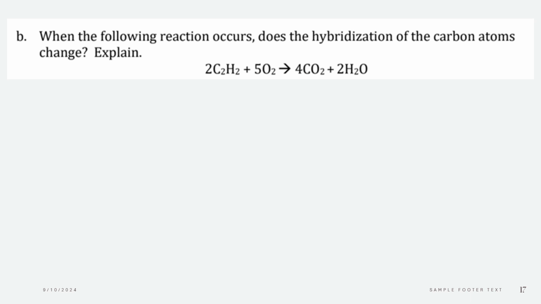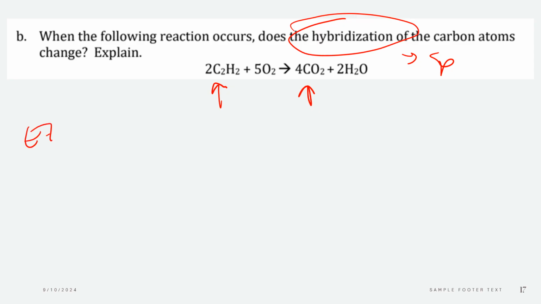So the question is asking, when the following reaction occurs, does the hybridization of the carbon atoms change? So this one is here and then here. Based on the previous answer, it's asking if hybridization changes. So we know they both have two bonding domains, and they're both linear, so they are both sp hybridized.